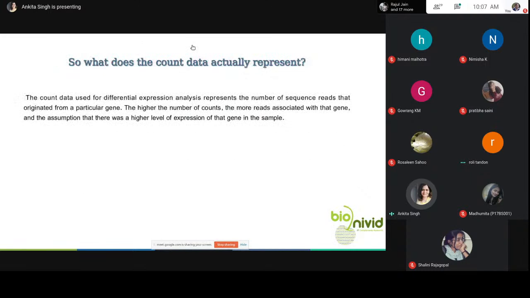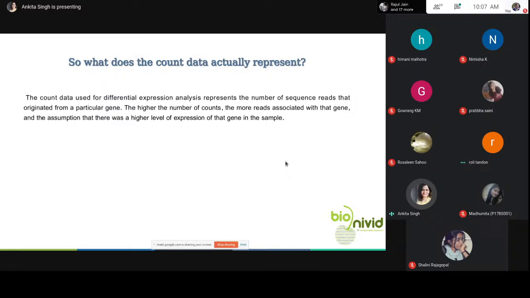So what does a count data actually represent? Like I said, a count data represents the number of sequencing reads originating from a particular gene. Like if I'm studying the expression profile of a liver tissue, I'll extract the RNA and do the library preparation like we do in NGS. We isolate the RNA, then we chop down those RNA, and then there is a cDNA preparation.